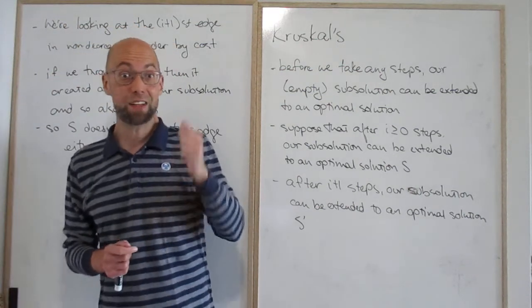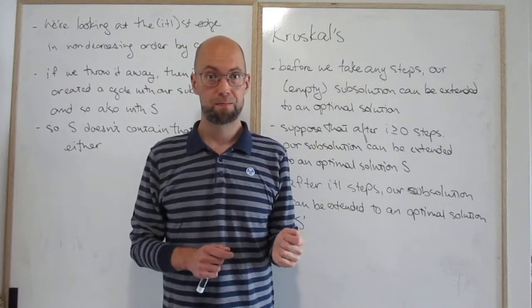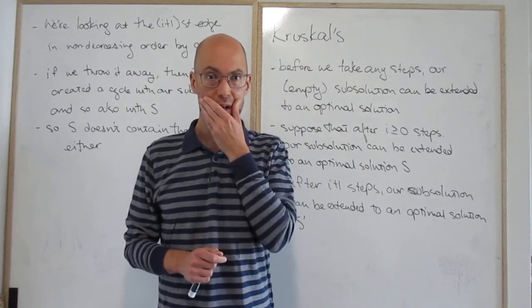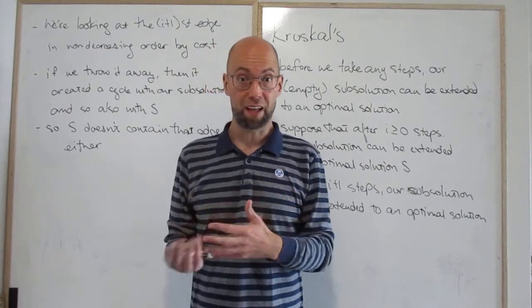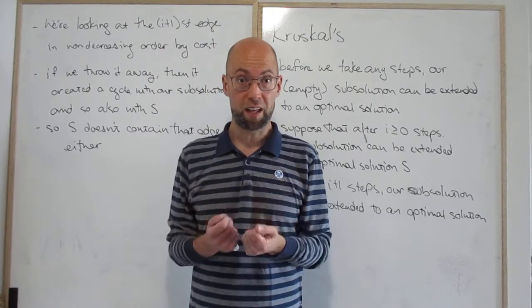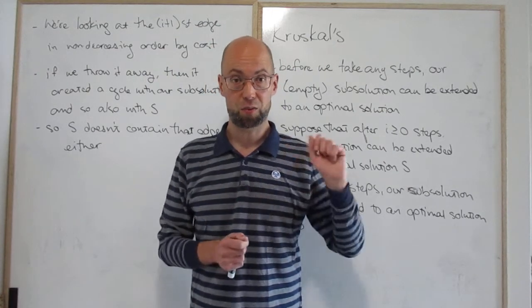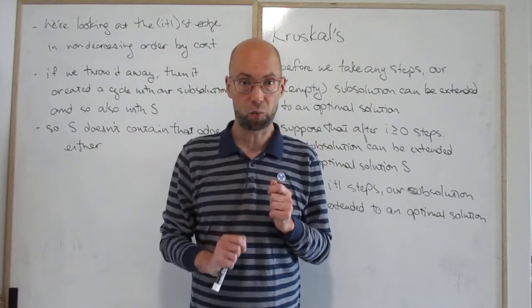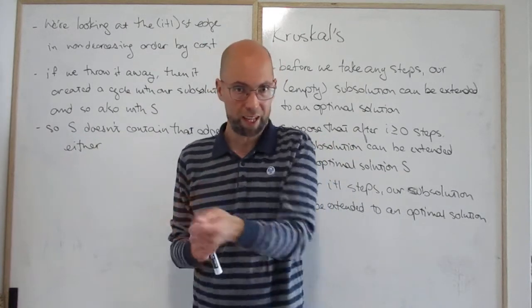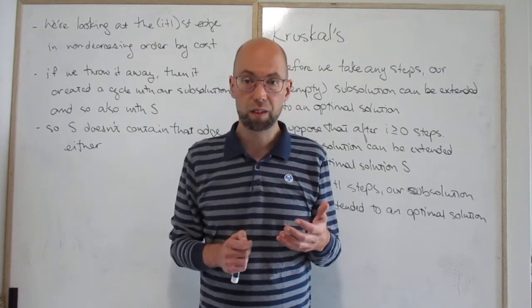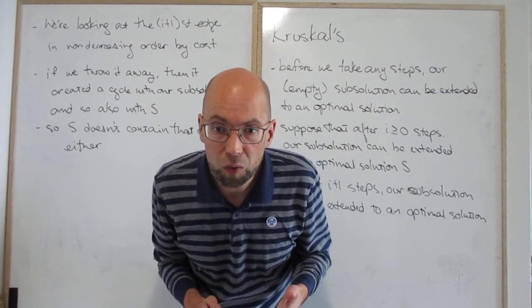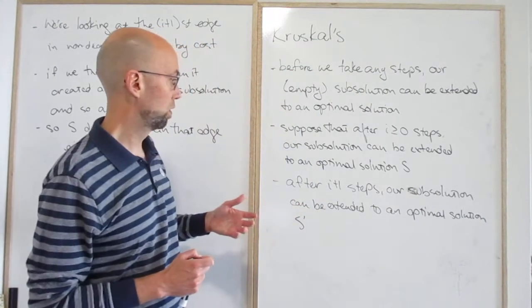So maybe S took the other one. So how do we argue that even though we differ with S on what we've done with this edge, we've taken it and maybe S throws it away and takes the next one, which we can't take?